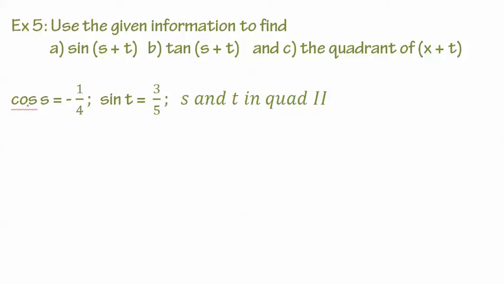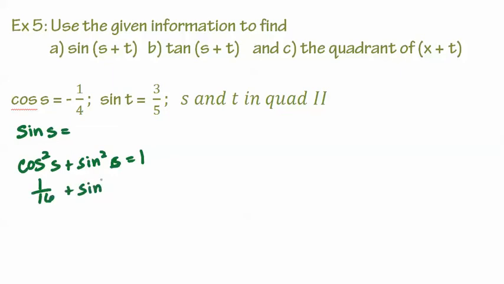And if we are only given the cosine, then we've got to take a detour first to find out what the sine of this angle is. So we want to do cosine squared plus sine squared is equal to 1. So we're going to put negative 1/4 in for the cosine and square it.